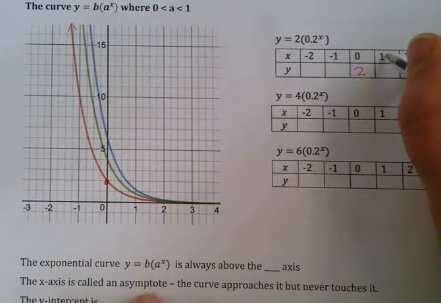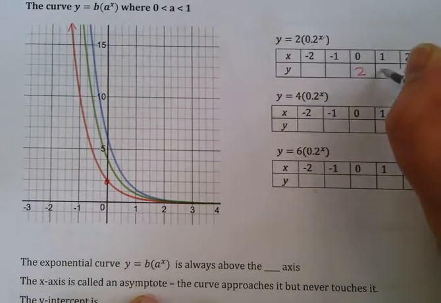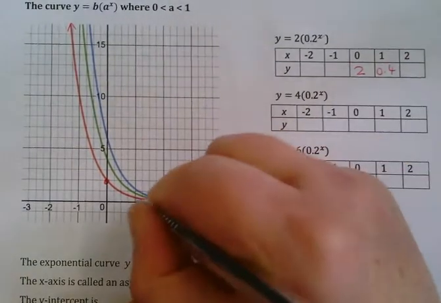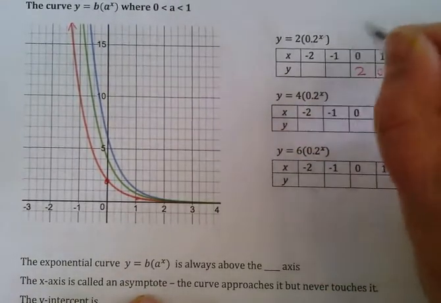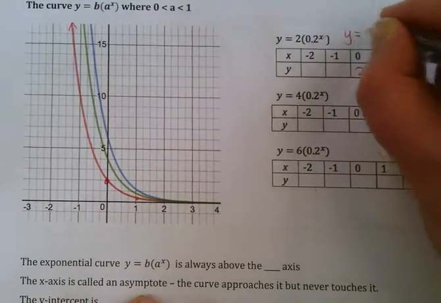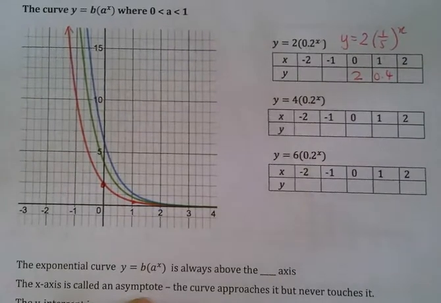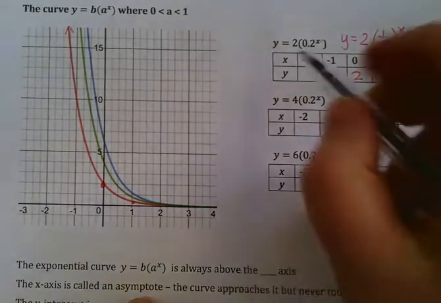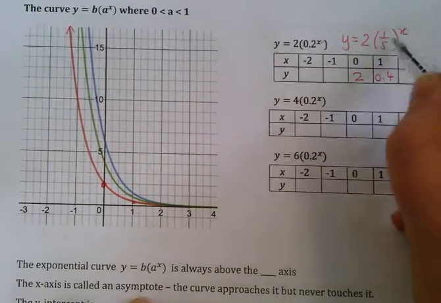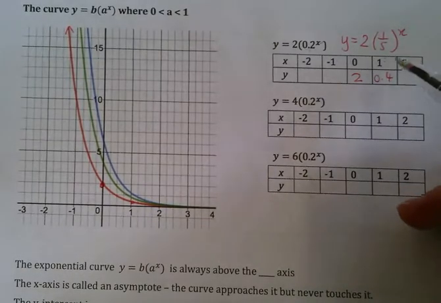When x is 1, 0.2 to the power of 1 is 0.2. 2 times 0.2 is 0.4, and this will be quite small. And when x is -1, remember, this is the curve y equals 2 times 1/5 to the power of x. It's been multiplied by 2.